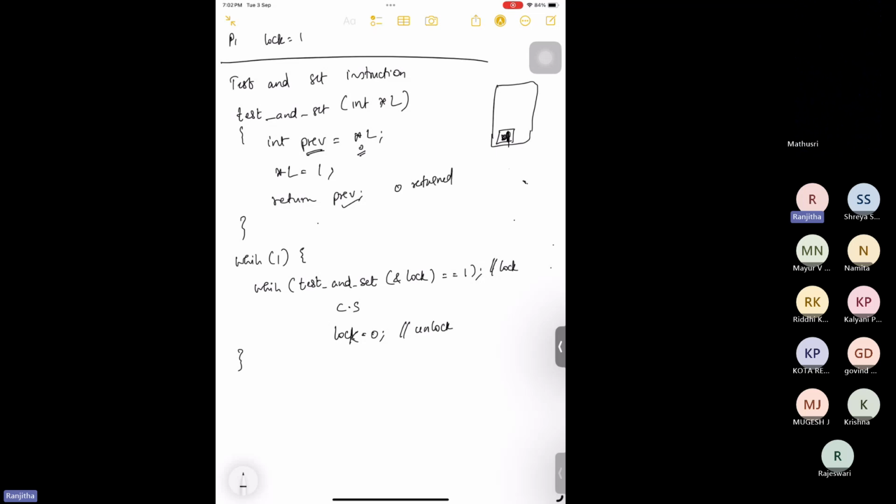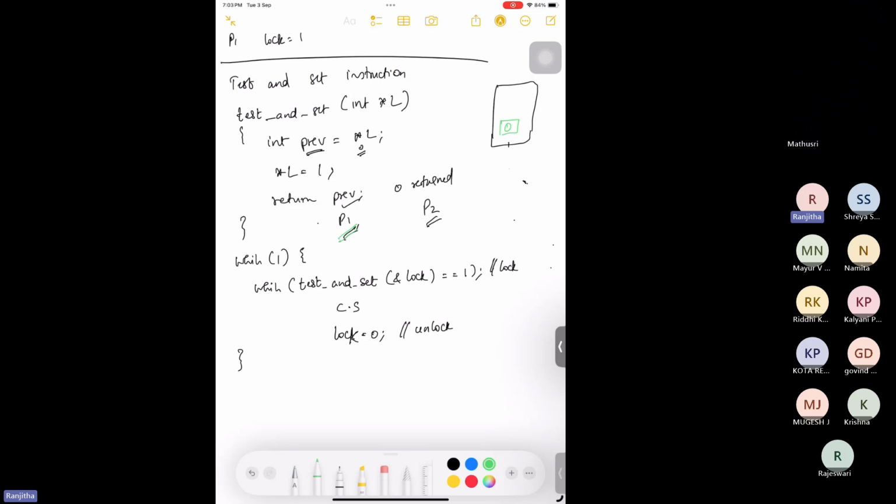So when a process is entering first time, initially it is 0. Okay, so when this is called, we have P1 and P2. Now assume that P1 is calling this and P2 also is calling. When P1 and P2 both of them call this together, initially we had 0.